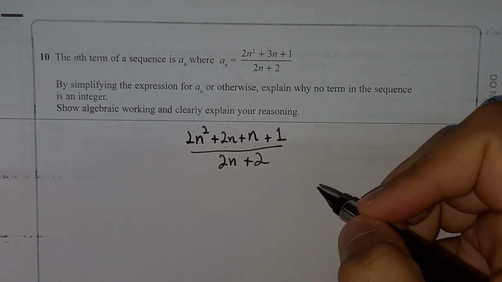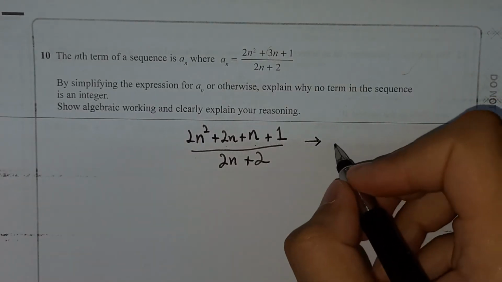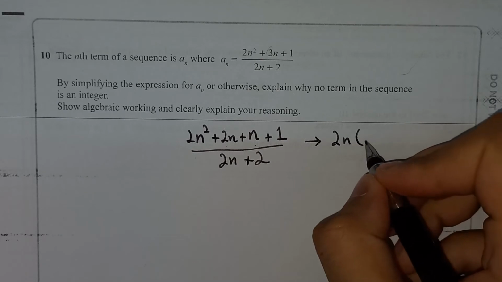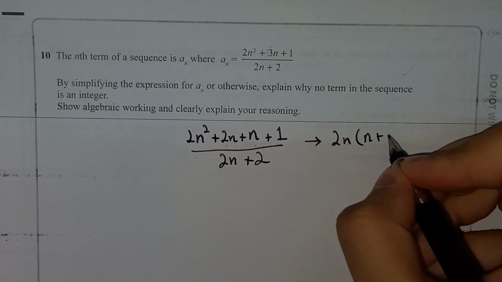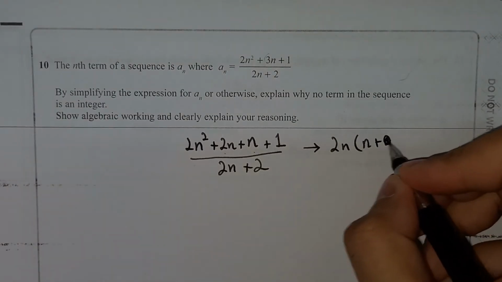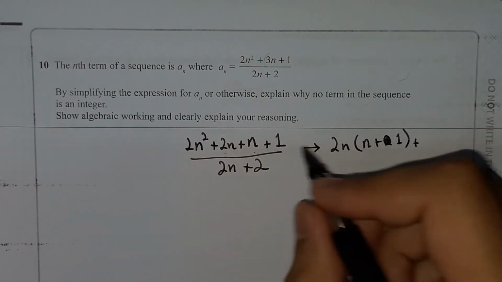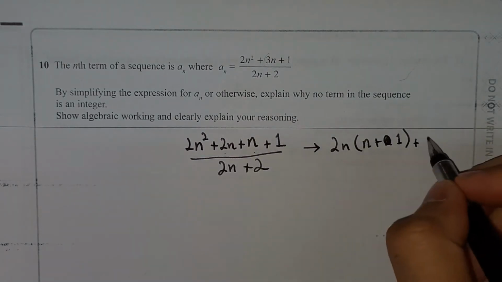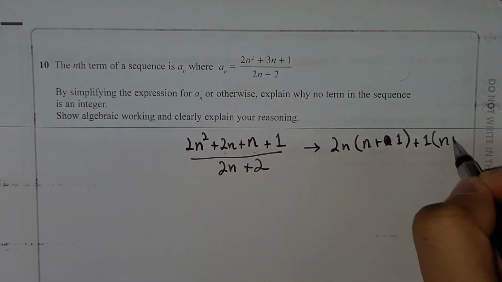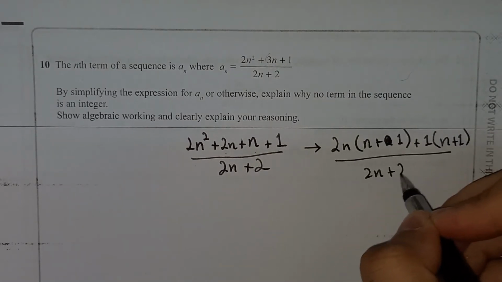Now you can easily put that in one piece. We can just take 2n common, which gives us n plus 1, plus this part you can take only 1 common, so it will give us n plus 1, whole divided by 2n plus 2.